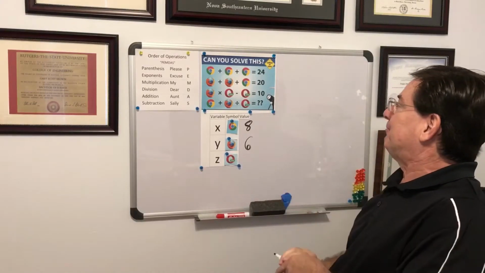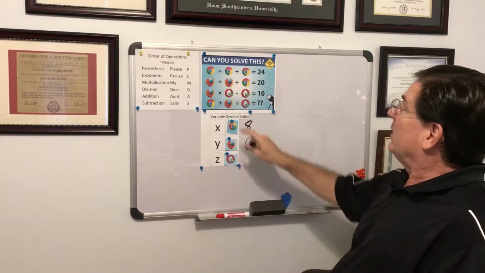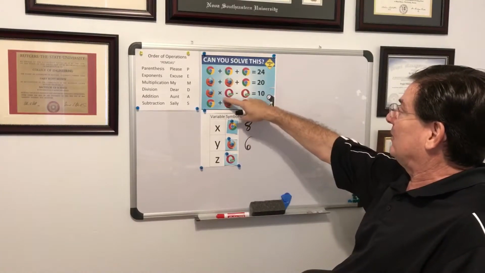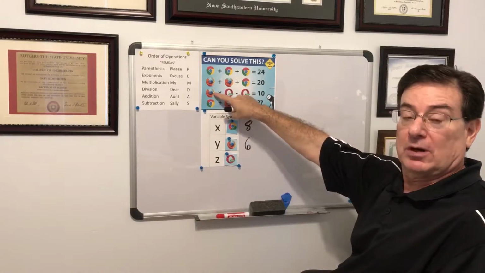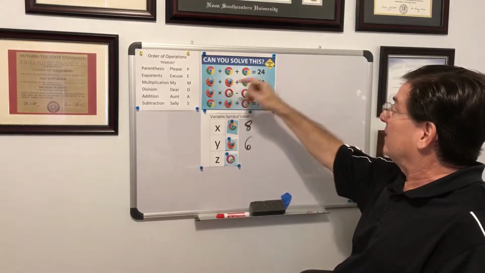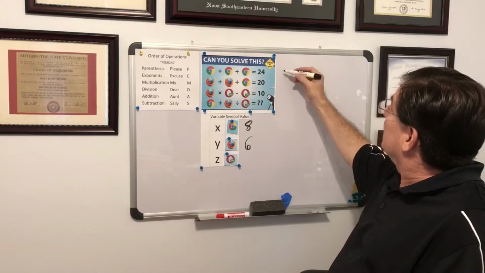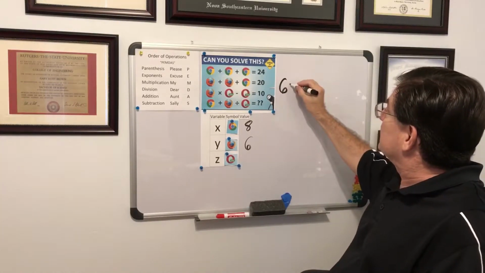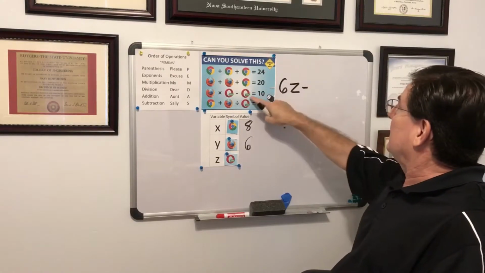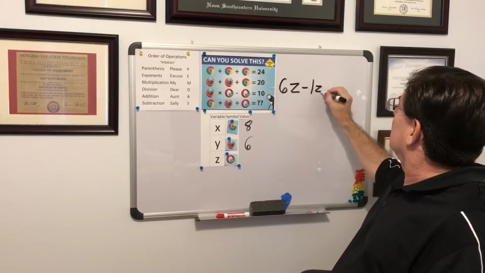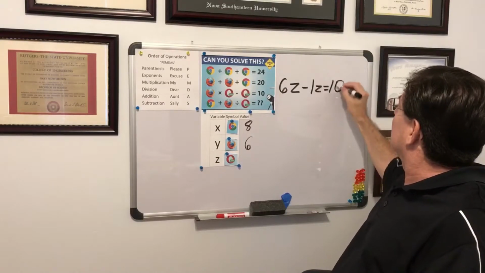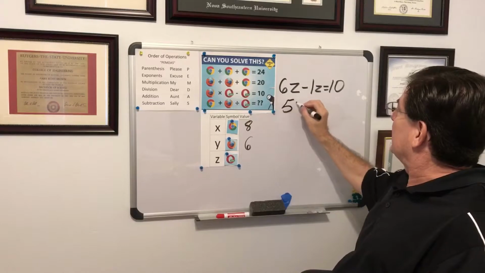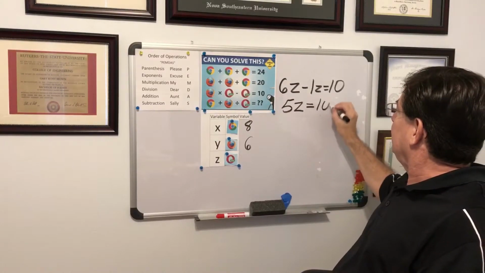Okay, in our next step, interesting, we have the Firefox and the symbol Opera. We don't know what the value is here, but we do know what the value is for the Firefox. So we have what amounts to be the value 6z minus, and this is 1z, equals 10. 6 minus 1, combining the coefficients, gives us 5z equals 10.